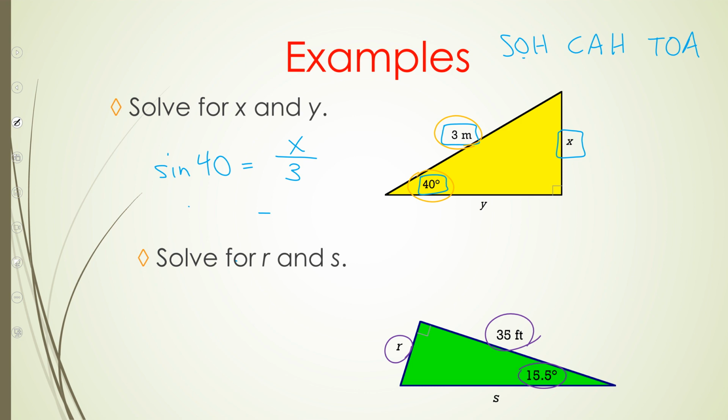Tangent. Very good, Alex. Thank you. The tangent of 15.5 is equal to R over 35. Okay. Solve for R quickly, please, so we can move on.